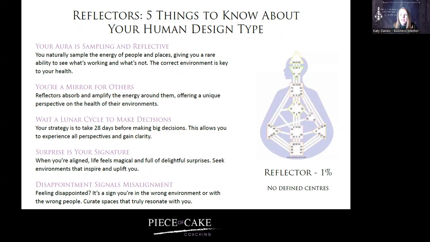Like I said, a reflector is incredibly rare. And as with everything in life, we tend to move towards the majority. The majority of us are either generator or manifesting generator, so the world and society and conditioning are all set up for that.